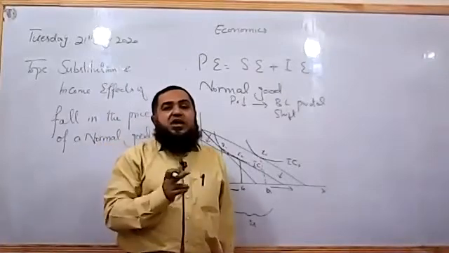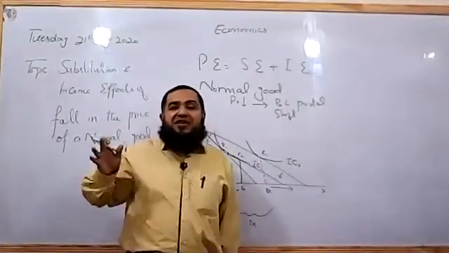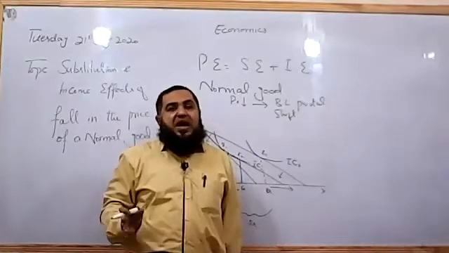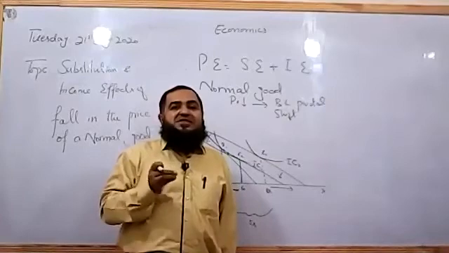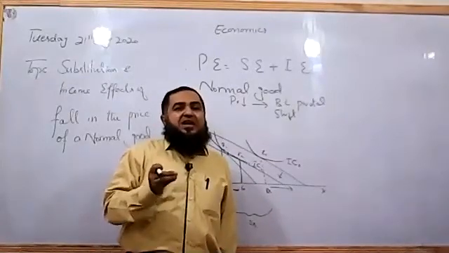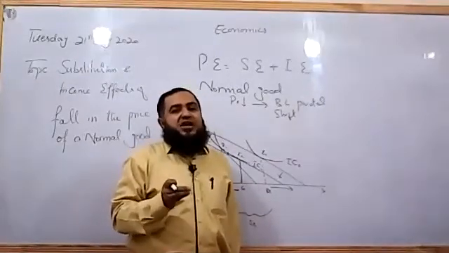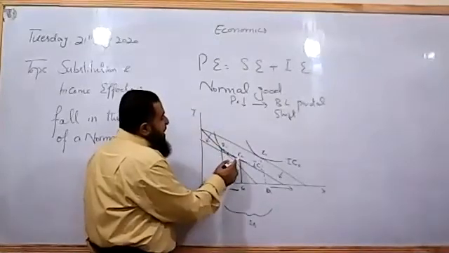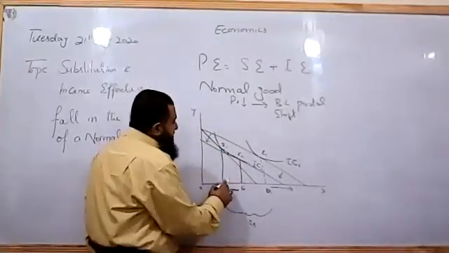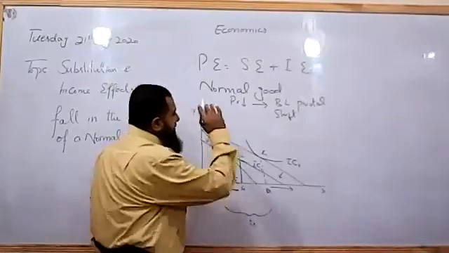That shows if he remains along his previous indifference curve at the new price level, how many units of X he is going to increase by decreasing the units of Y. So this movement from E1 to E2 shows us the substitution effect.